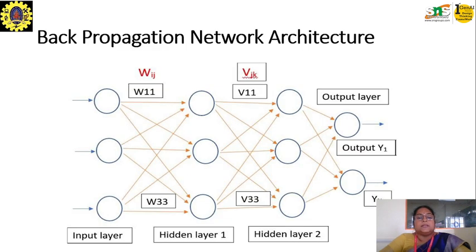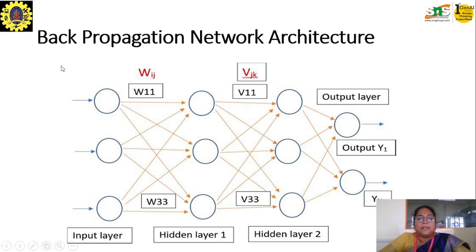This is the network we call the backpropagation neural network architecture. As I already mentioned, here we have the input layer, hidden layer 1, hidden layer 2 and one output layer. The input layer transmits the data. For example, if the input is x1, the x1 data will be transmitted to the next layer. Each input is multiplied with its weight and the bias value is added.